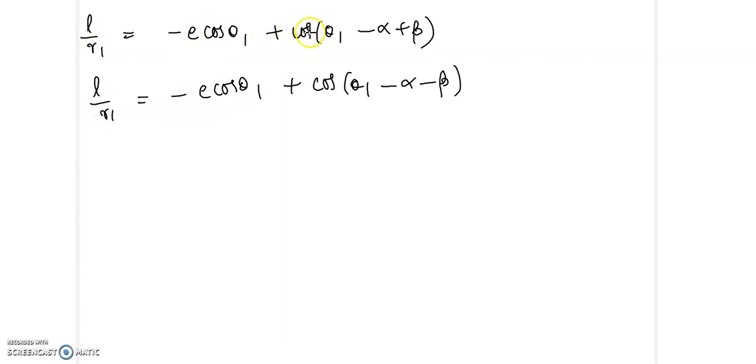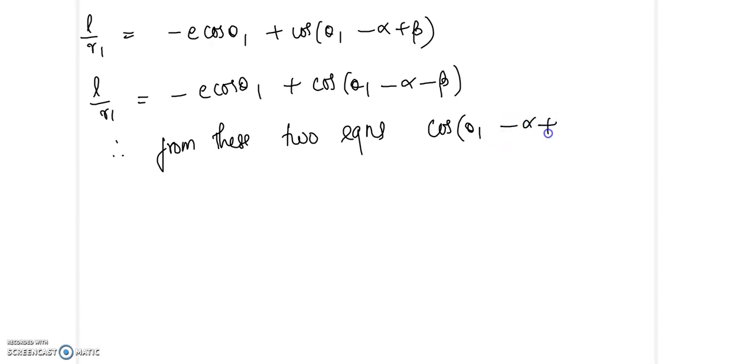Therefore, that will give cos of theta 1 minus alpha plus beta equal to cos of theta 1 minus alpha minus beta.